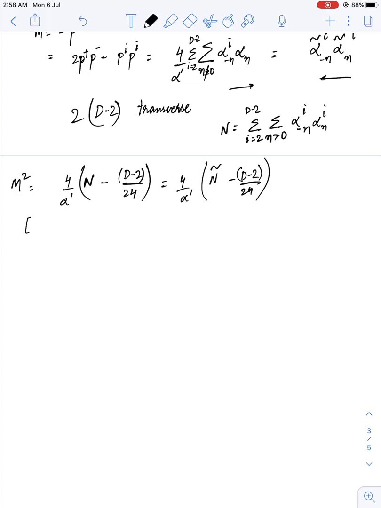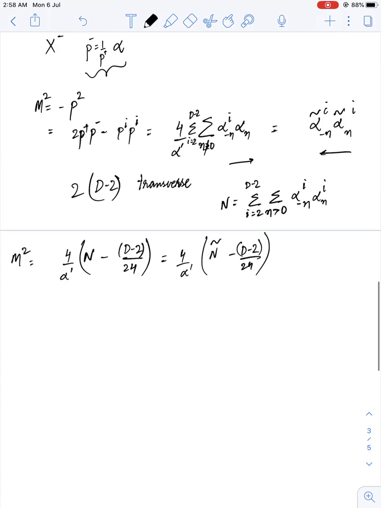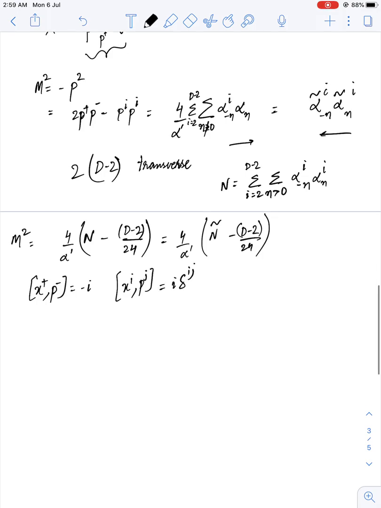So alpha are the usual creation and annihilation operators, and we have one operator for x plus and p minus, and the commutator of xi and pj is given by i delta ij.